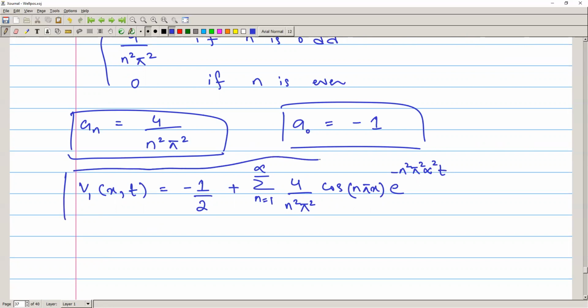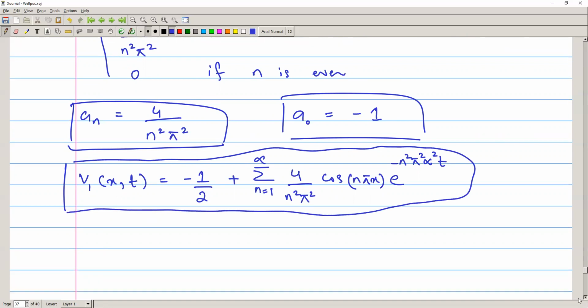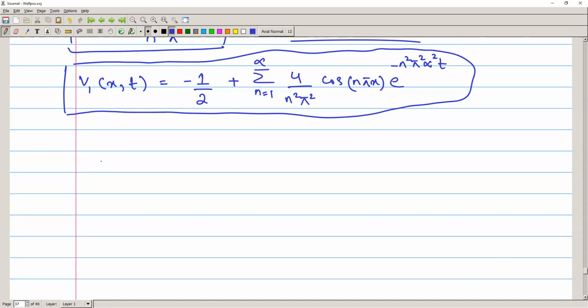So we are done with v1, and now we are going to work on v2. For v2, we know that the equation is v2 t minus alpha squared v2 xx is equal to cosine 3t.